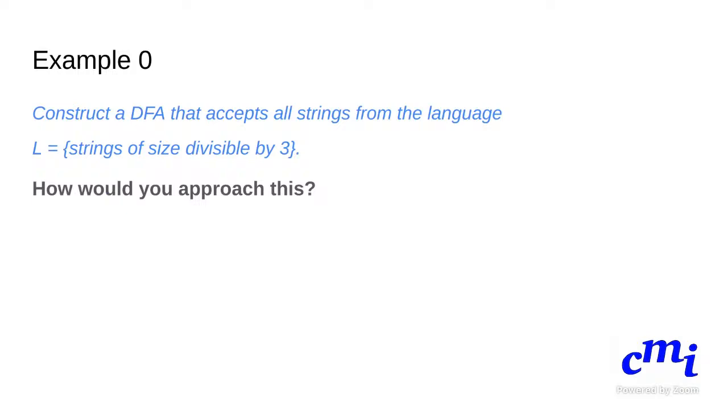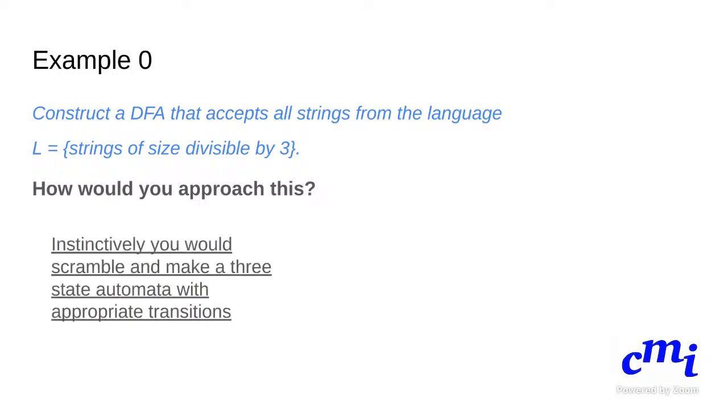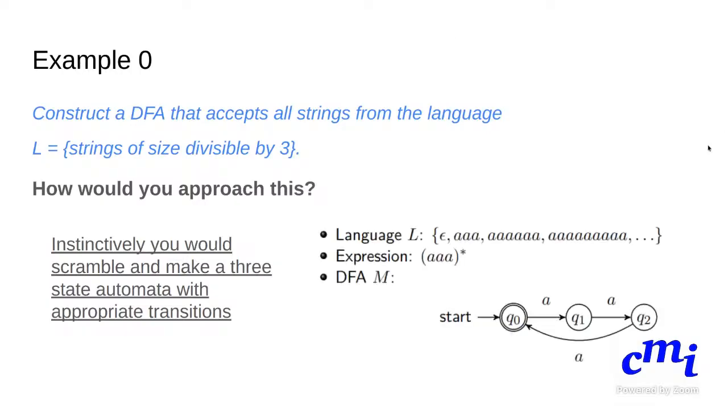Instinctively, we scramble and make a three-state automaton with appropriate transitions, which would look like this. We started with one state and then added more, and we asked ourselves whether epsilon is accepted by the specification, or A, or AA. I'm just building a platform for something that we will call a membership query.